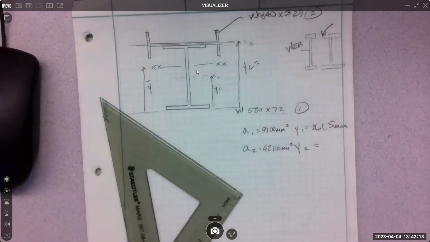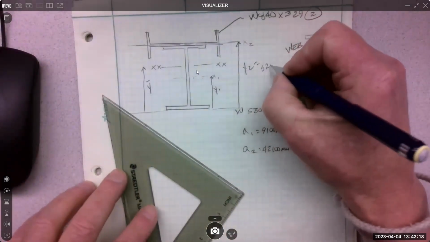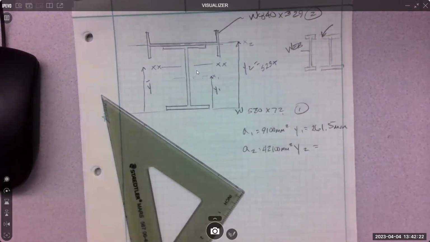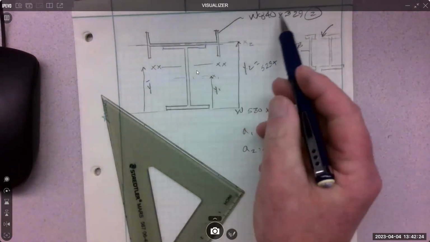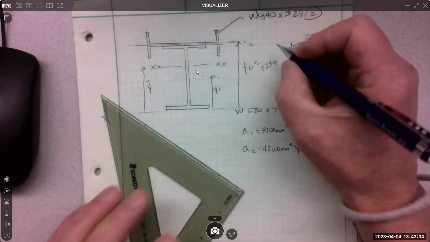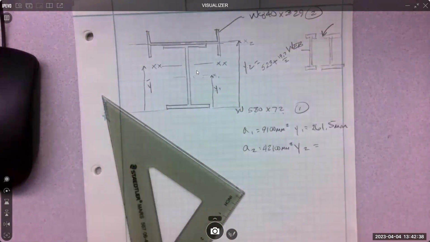That's 523, plus the thickness of the web of the 843.29. Thickness of the web is 19.7. Divide by 2 because I only need half of it.